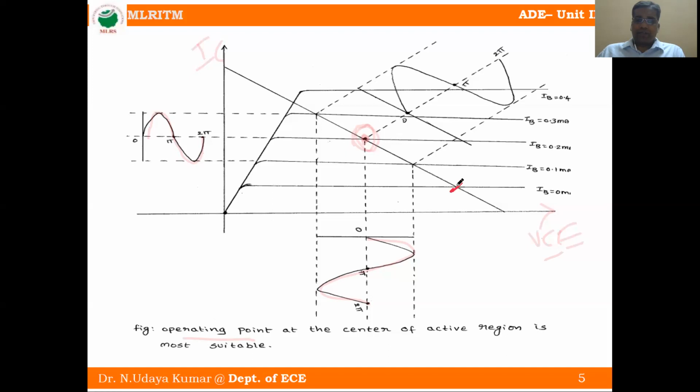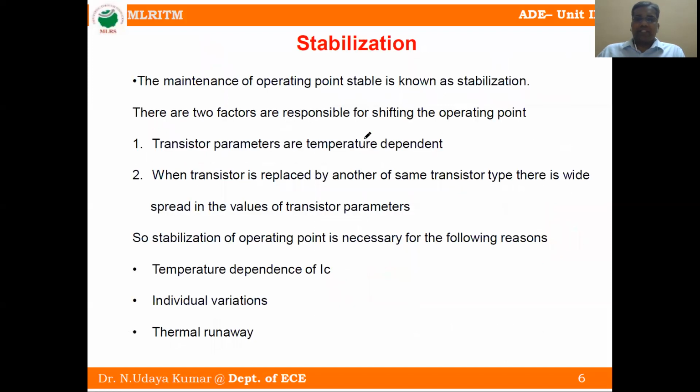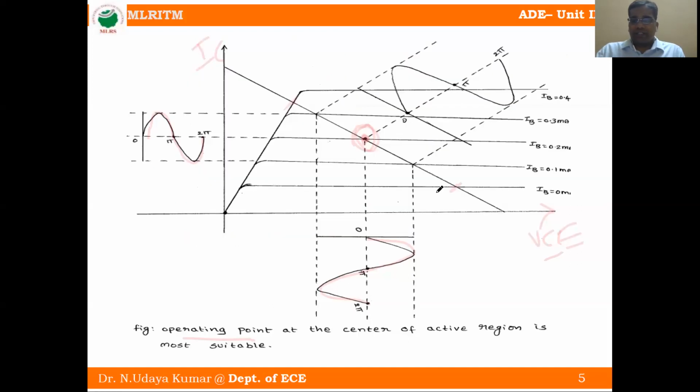From this point to this point, we call it the active region. In the active region, we can put it anywhere. If a DC load line is there, we have to put it here. So that is called stabilization, the maintenance of the operating point. So the operating point is nothing but this one, VCE comma IC.